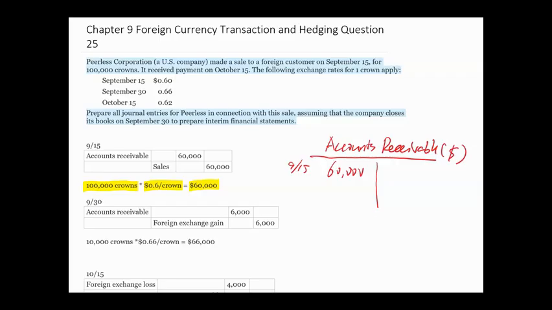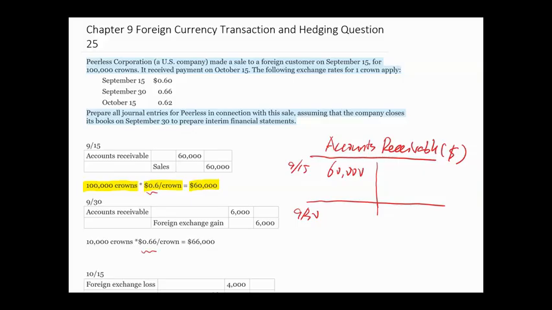Then at the end of September, the exchange rate increased from 60 cents per crown to 66 cents per crown.